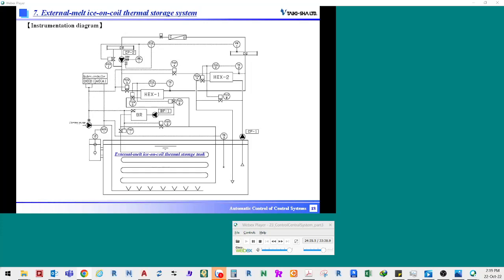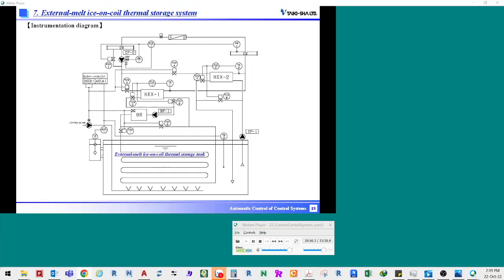The automatic control system includes the following components. The temperature sensor TE3 to detect the temperature in the thermal storage tank. The water level sensors LE1 and LIC1 to detect the water level in the thermal storage tank. The system controller to turn on and off the brine chiller by thermal storage capacity.